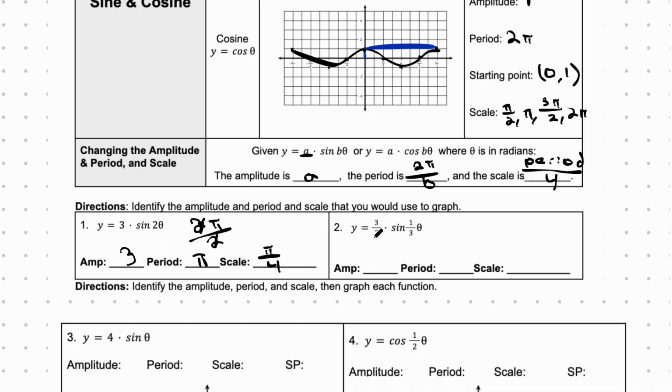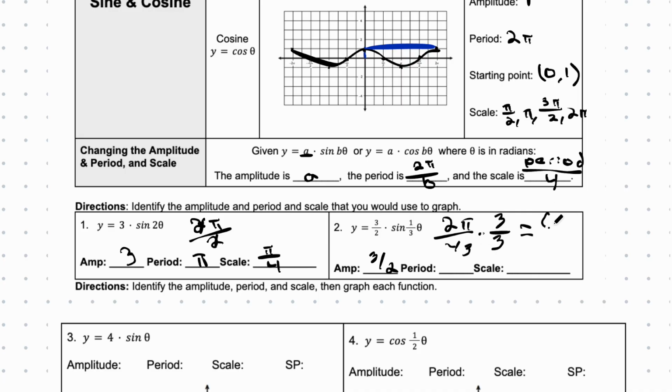Here, same thing. y equals 3/2 times sine of 1/3 times theta. Our a value is 3/2. And our period is going to be 2 pi over 1/3. Essentially what we can do here is multiply by 3 over 3. 3 over 3 is just 1, so we're not changing this value.